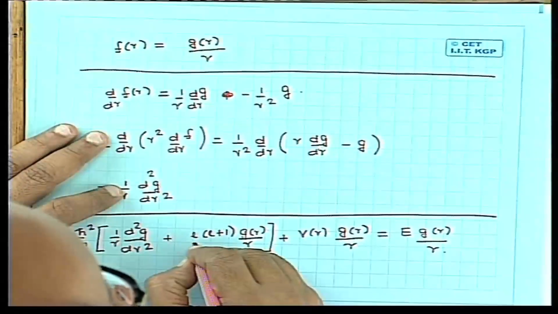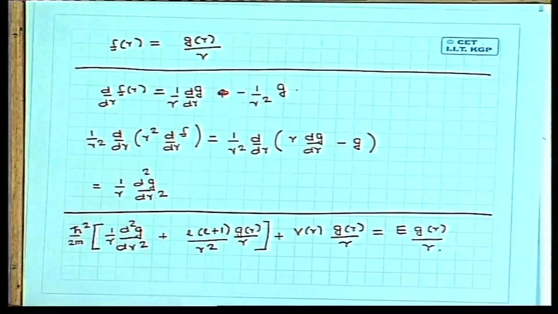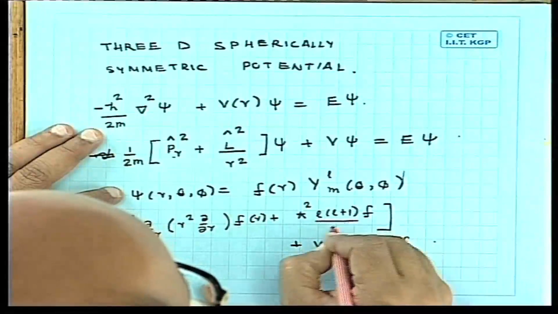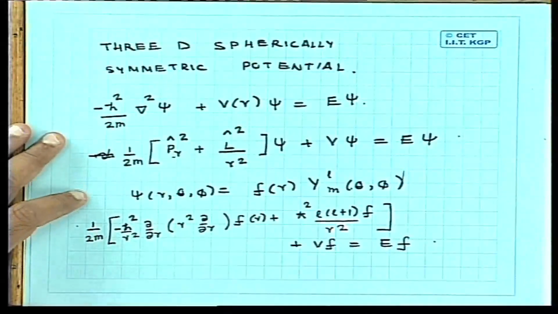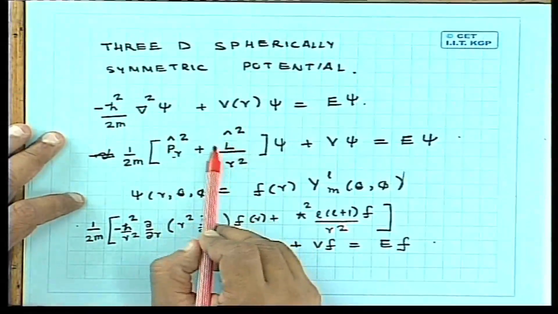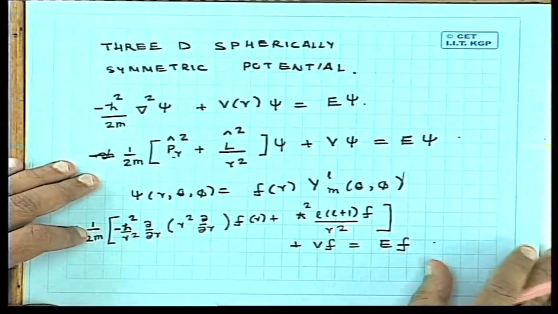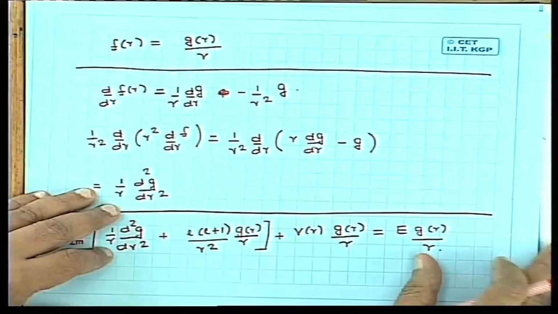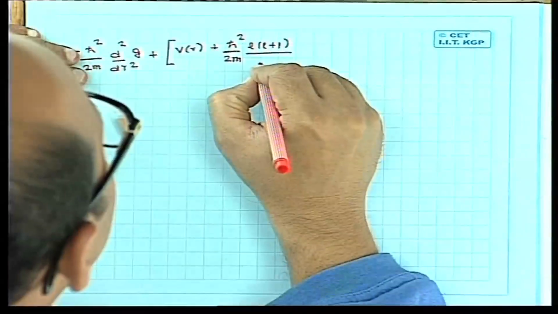There should be a 1 by r square here which I have forgotten to write, because we have L square by r square. So it is the angular momentum squared by r square which appears in the Hamiltonian, so there should be a 1 by r square here, and finally we have a 1 by r square term over here.